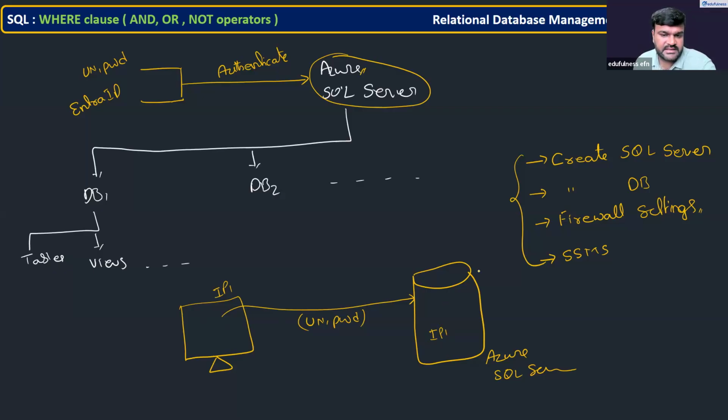Just telling that I am so and so is not enough. You should be there inside the list. So that is why you have to configure this IP address in the SQL Server firewall rules. That is what we are trying to see here.